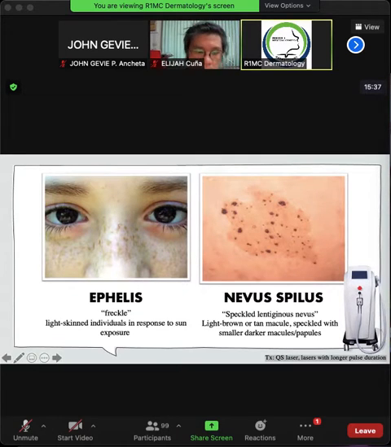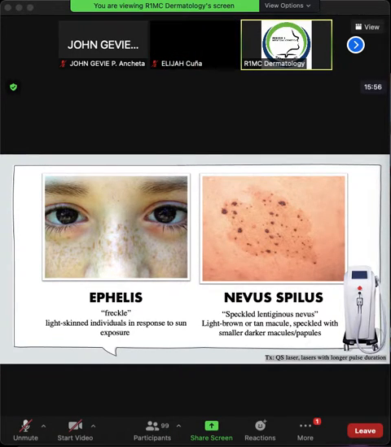So first we discuss the types of your epidermal melanocytic lesions. So we have your ephelis or the common freckle. It occurs in your light-skinned individuals in response to sun exposure.